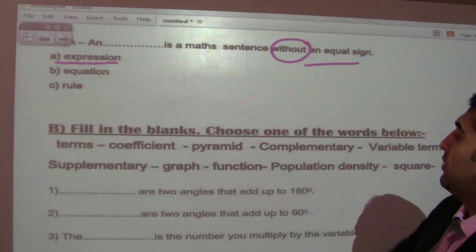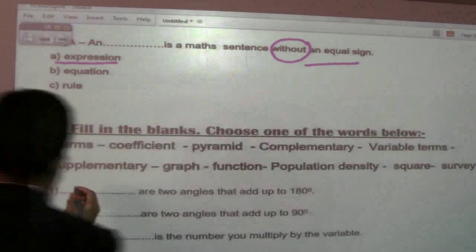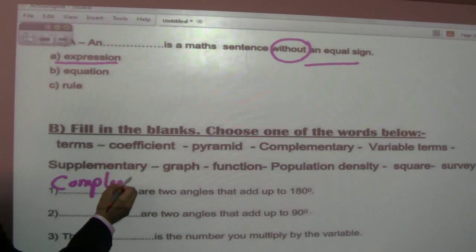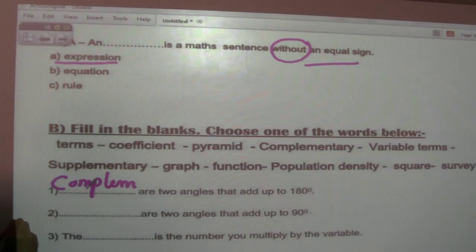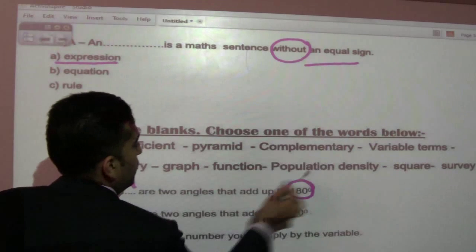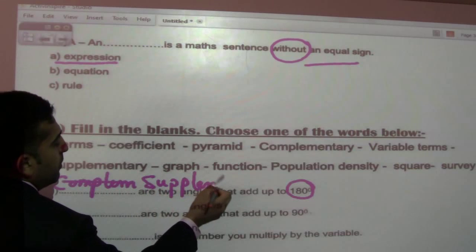It's complementary or supplementary? No, because here we have 180, so it's supplementary.